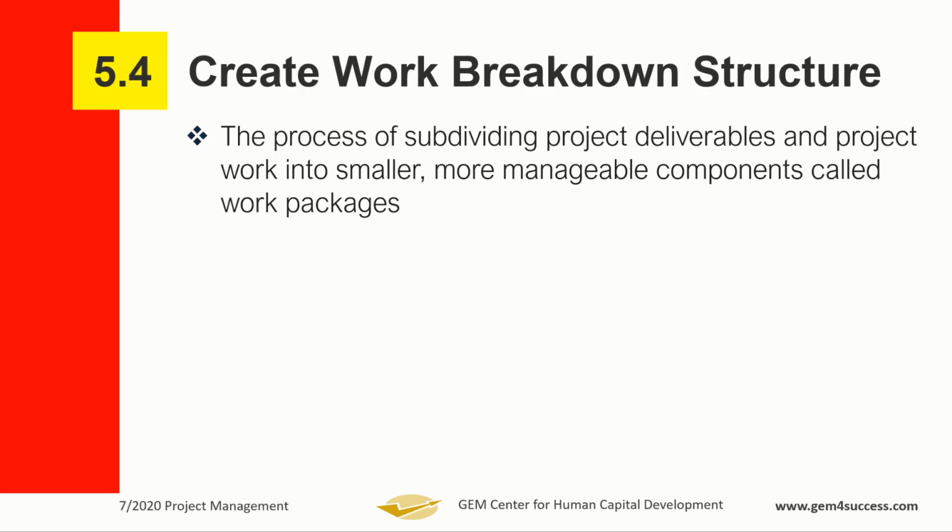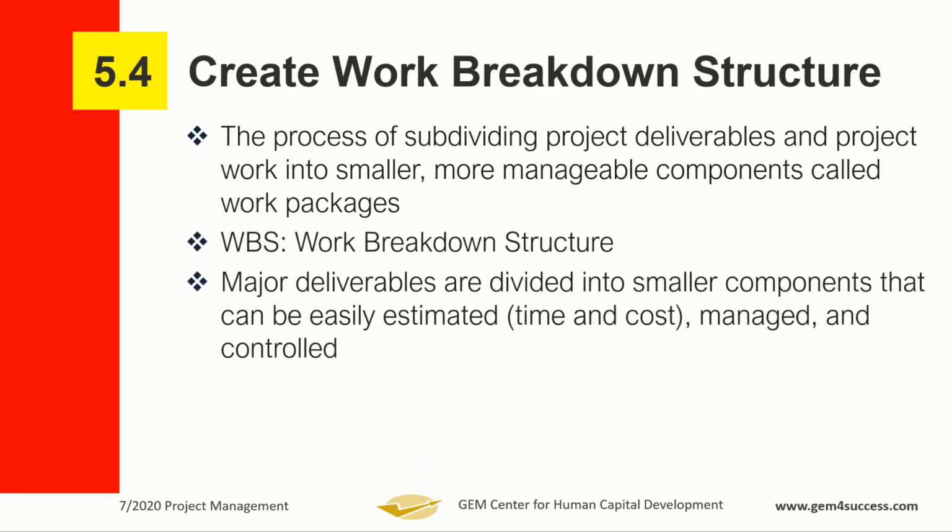Why do we need to divide into smaller, more manageable components? This is because when the components are small, it is easy to manage them. It is easy to estimate the time it will take. It is easy to estimate the amount it will cost. It can be easily controlled.